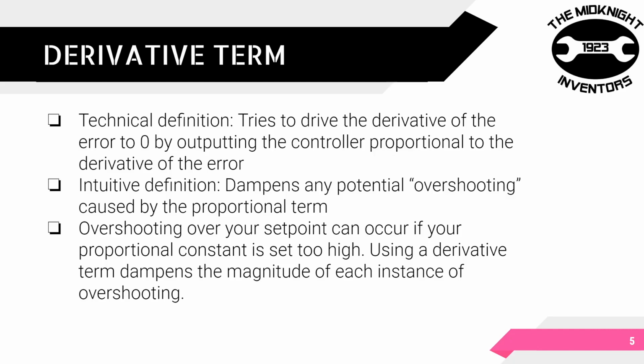That's constantly multiplying your error, and you can easily reach your set point. But sometimes you might have a case of overshooting, or you want to get a little bit more precise with your control. This is where you can use a derivative term. Overshooting your set point can occur if your proportional constant is set too high. So using a derivative term can dampen the magnitude of each instance of overshooting. So it basically brings you closer to your goal in case you overshoot.